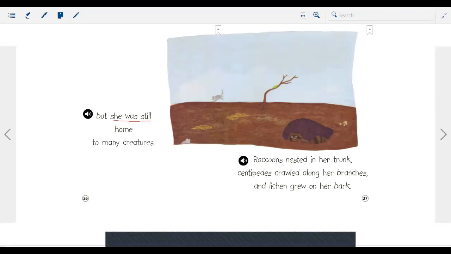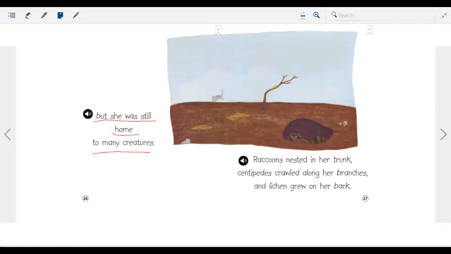But she was still home to many creatures. Raccoons nested in her trunk, centipedes crawled along her branches, and lichen grew on her bark. So raccoons, centipedes, and lichen now lived in the grand old tree.